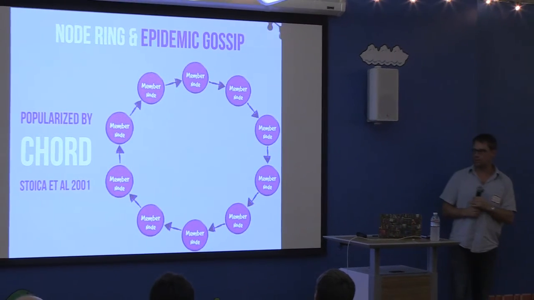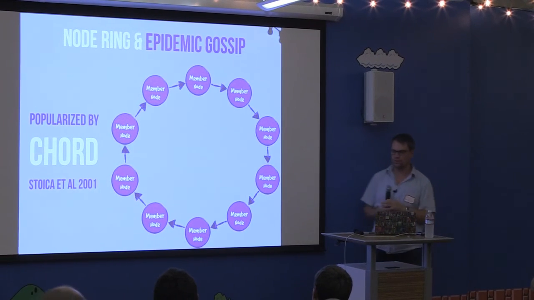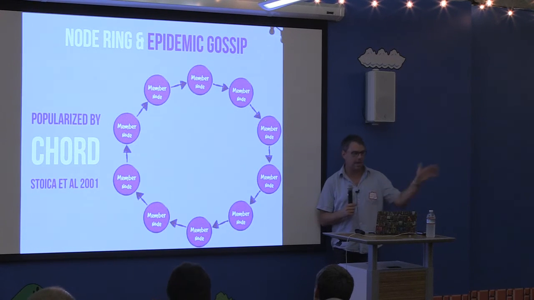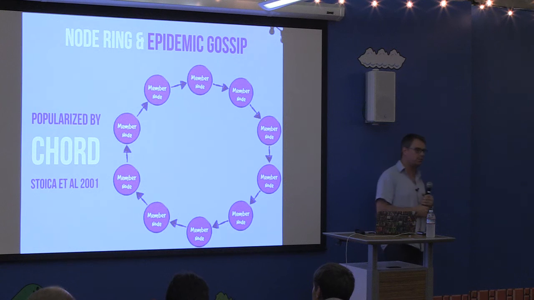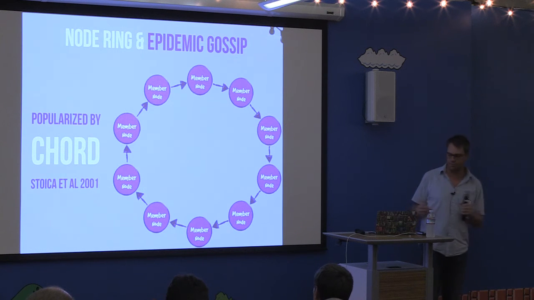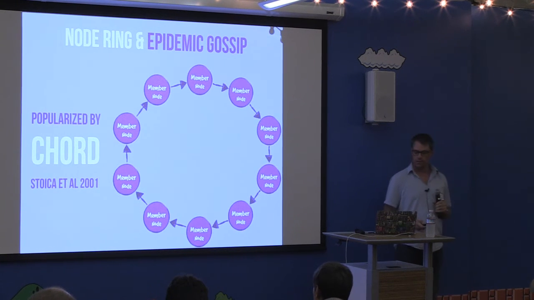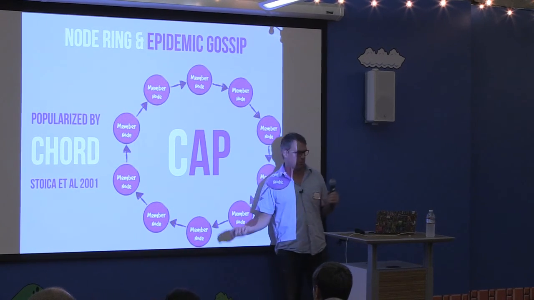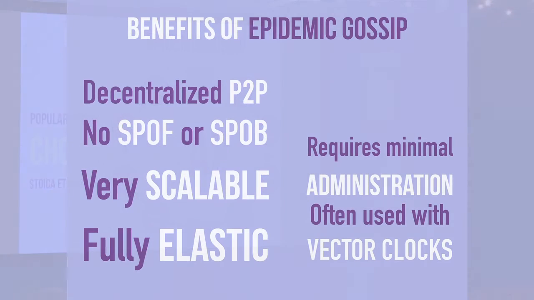It's fully probabilistic, and it just happens randomly. But it has a lot of nice properties. It usually converges very quickly, and it also implements A and P. Everything is of course then fully eventually consistent.